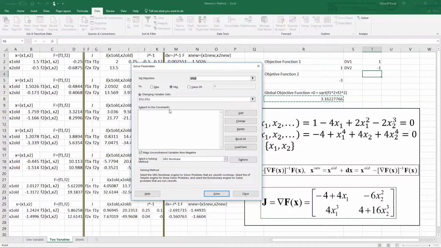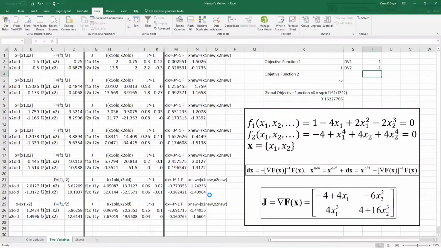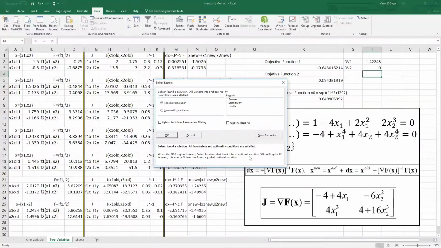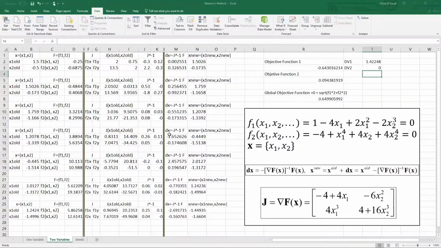But the point I want to make anyway, even if this does not converge, is that it's not always possible to get the most optimal value with these algorithms. And the question is, did I reach the global minimum? Did I reach the minimum value for my problem? That's a difficult question to answer.